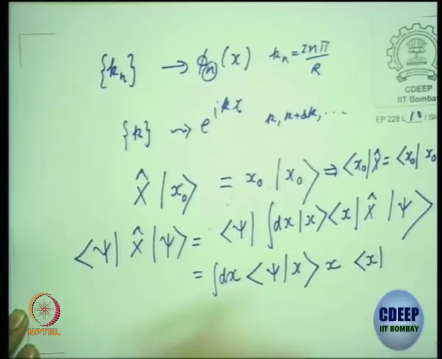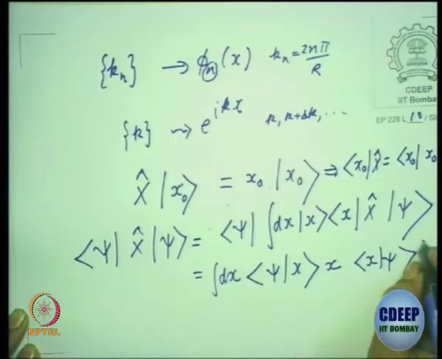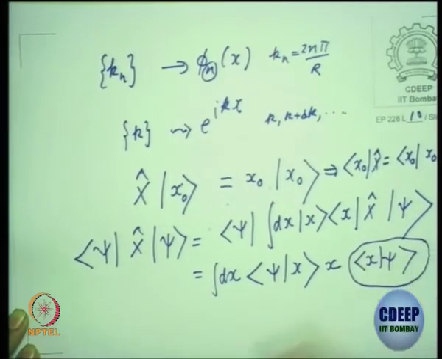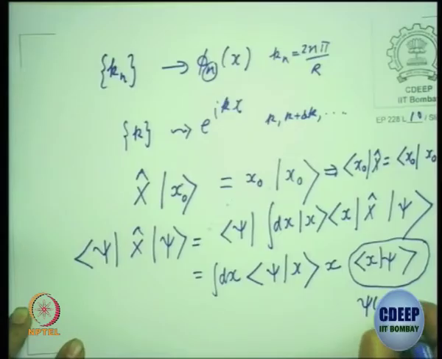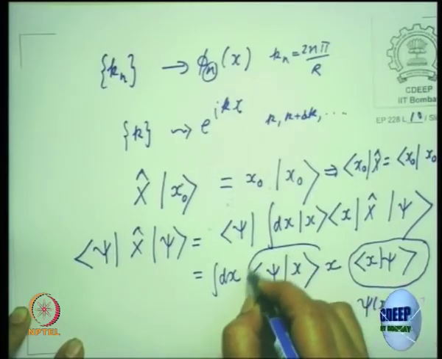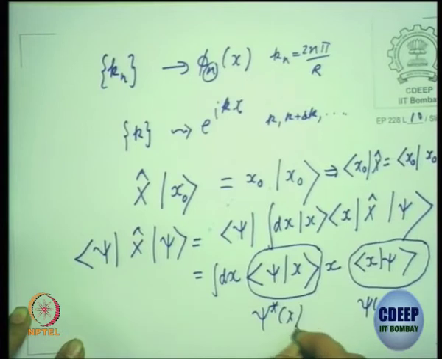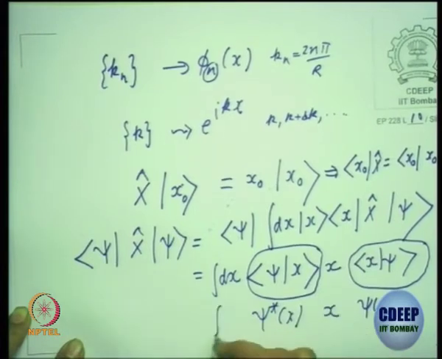So then what else is left? That comes out with psi. So this piece is what we called the wave function psi of x. And if we call this psi of x, this one has to be called psi star of x, and x integrated over dx.